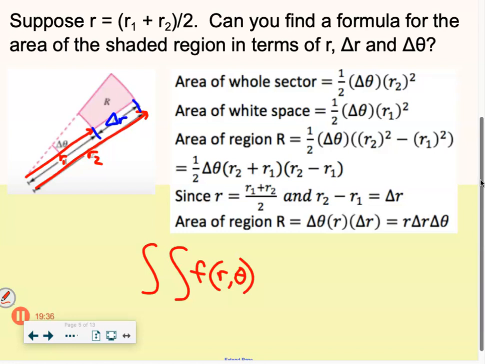Whatever that function is, that's kind of like your z value, right? Because remember, r and theta are just coordinates in a plane. So all you're doing is using a different type of coordinate system to generate the coordinates that you're plugging into your z function.